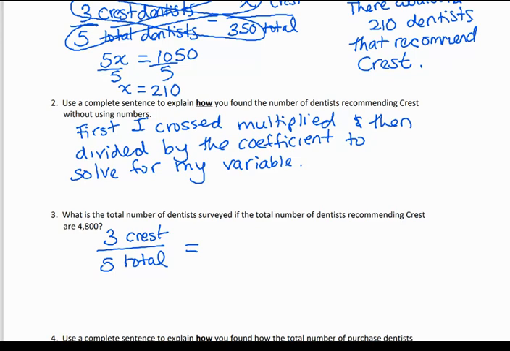It's saying what's the total dentists if the total recommending Crest is 4,800. So what's the 4,800? Total or Crest? Crest, right. So that means that will go up top. And the question says, what's the total? So x or n, whatever variable you want, goes on the bottom.